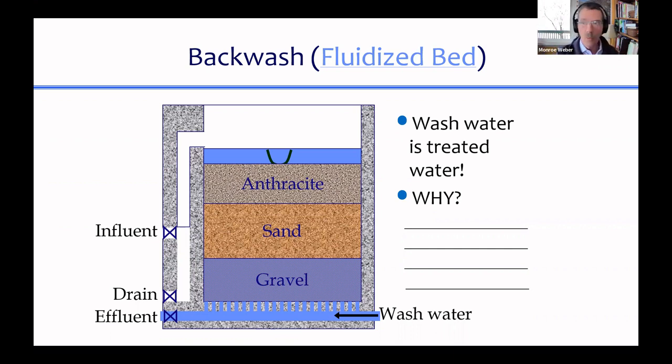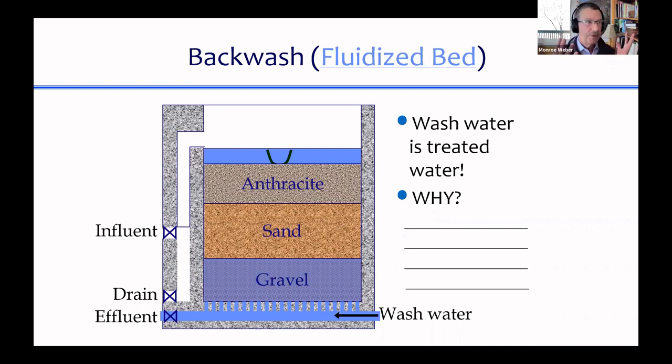The question here is, why are we using wash water? Why are we using clean water, treated water, to backwash a filter? Why is this the conventional design, and why is it so important? So look where the water's coming in at the bottom of the filter. We're putting clean water in at the bottom of the filter and running it up through the filter and out the top. When we quit backwashing, what water is on the bottom of the filter?